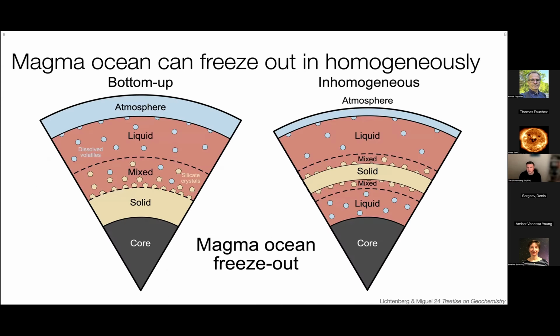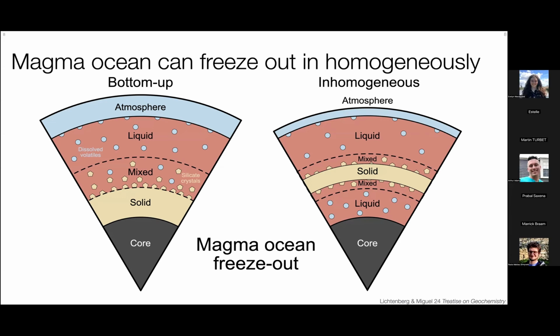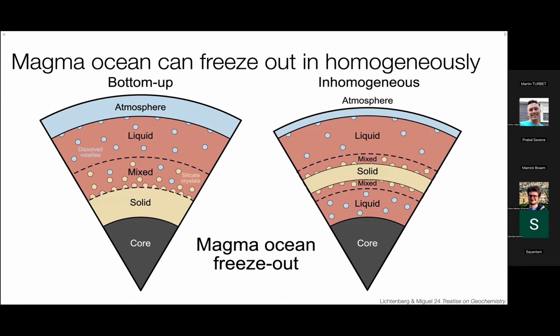This is not the only thing, because it's actually not that simple. Mantles are very, very complex entities. They would require GCMs for themselves, and they exist, but that's not what we're going to focus on. Mantles do not necessarily crystallize simplistically from the bottom to the top, but they can crystallize somewhere in the middle. We have increasing evidence for this from the Earth and from Mars, and also some circumstantial evidence from Venus that this happened in the past.